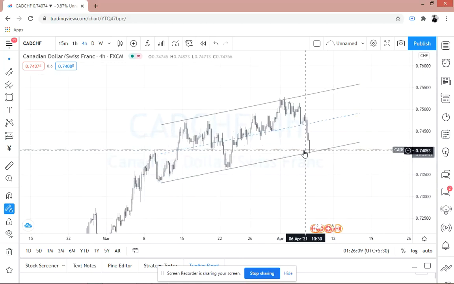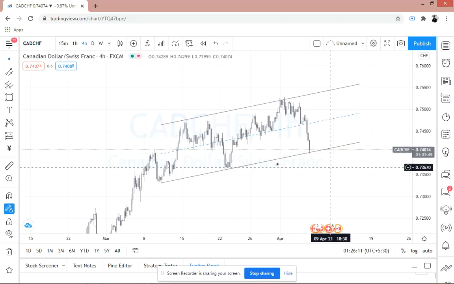But if anything comes out at the support level, we should expect sellers and a downtrend.